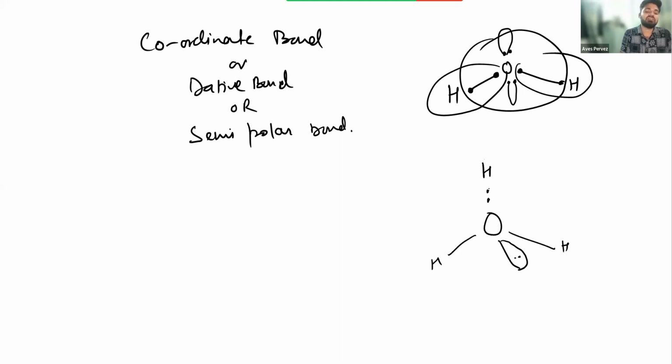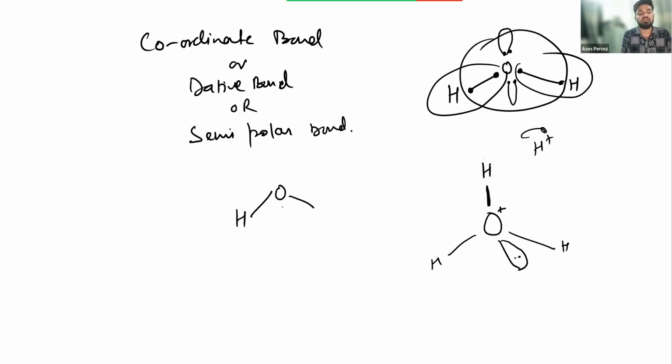But since oxygen has donated its electrons, the oxygen now carries the positive charge.